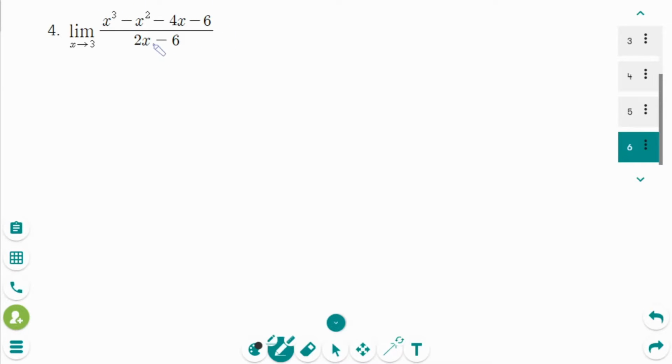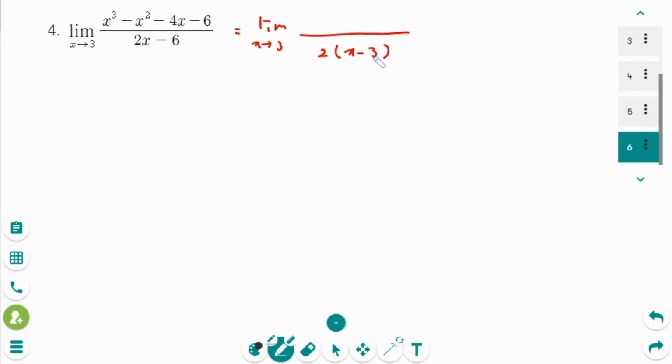The next question is this one. When x approaches 3, it makes 0 over 0 form. When the denominator is factored, it is 2 times x minus 3.